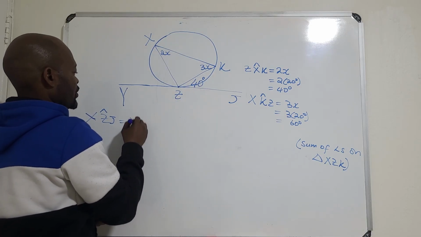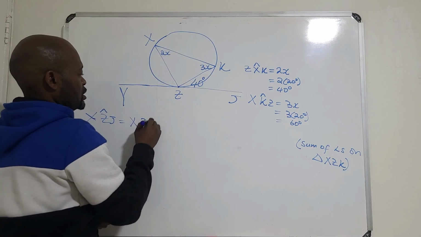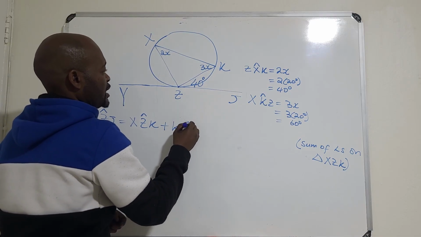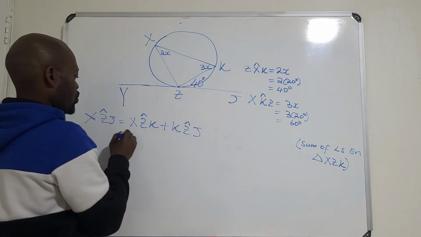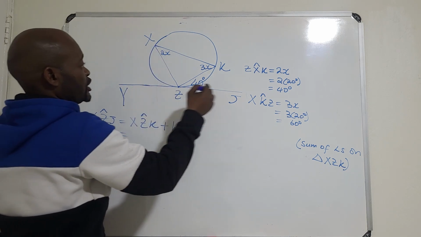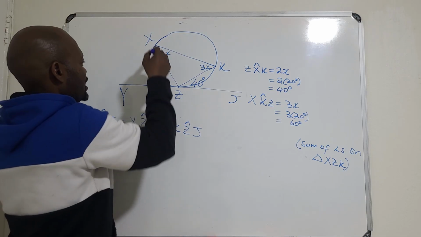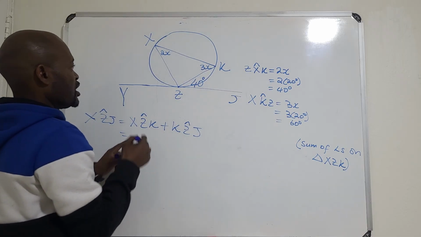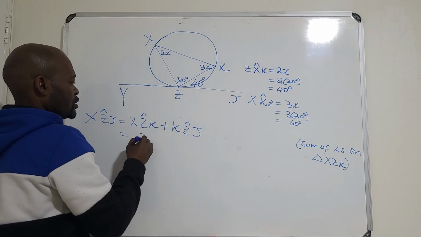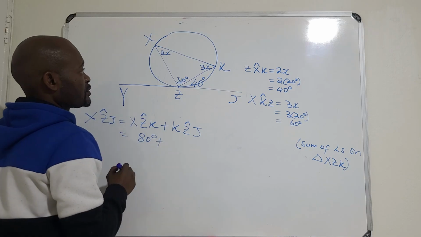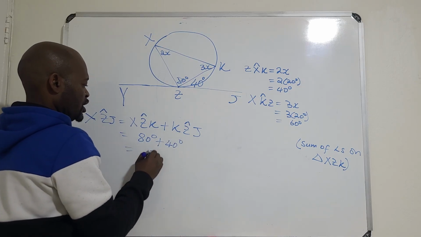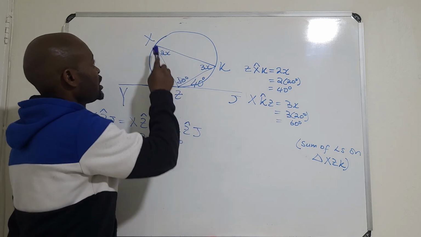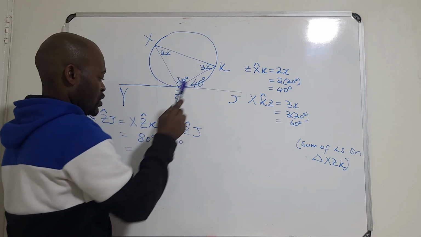Therefore, angle XZK plus angle KZJ equals angle XZJ. Therefore, here we've got 80 degrees plus 40 degrees, which is 120 degrees, of which we have proved that angle XZJ is equal to 120.